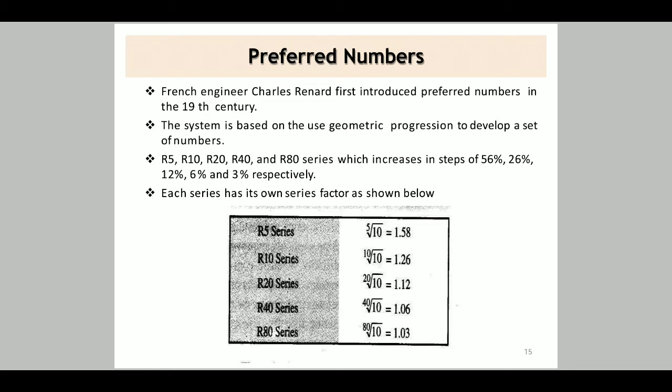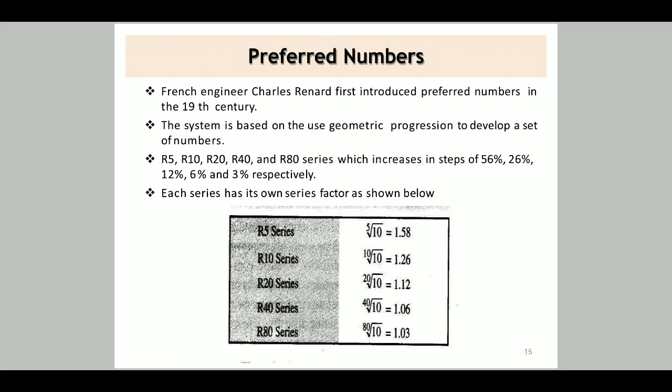The French engineer Charles Renard first introduced the preferred numbers in the 19th century. The system is based on the use of geometric progression to develop a set of numbers: R5, R10, R20, R40 or R80 series, which increase in steps of 56%, 26%, 12%, 6%, and 3% respectively.